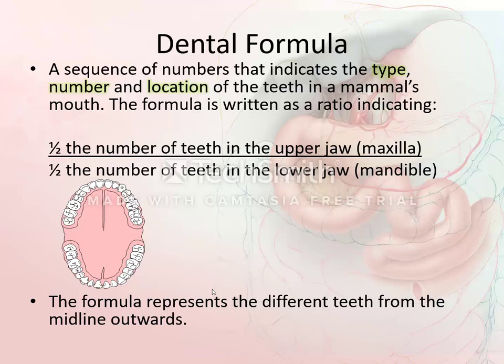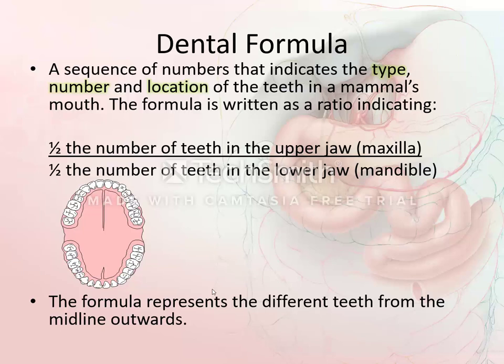So whatever food they are eating, their teeth need to match that type of food to be able to effectively break that food into smaller pieces. The dental formula speaks about how many of each type of tooth you have in your upper jaw, maxilla, and your lower jaw, the mandible.